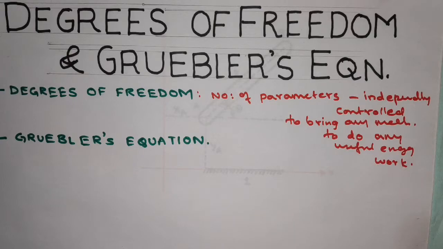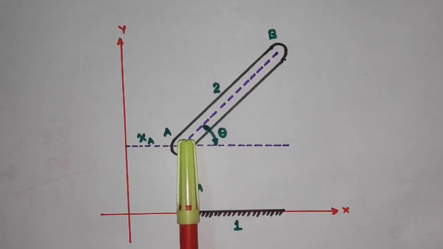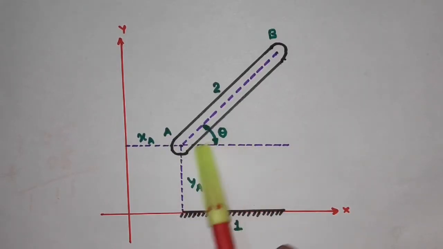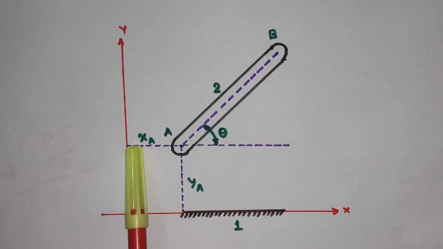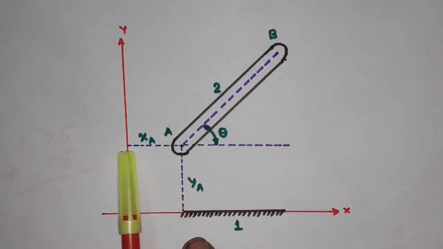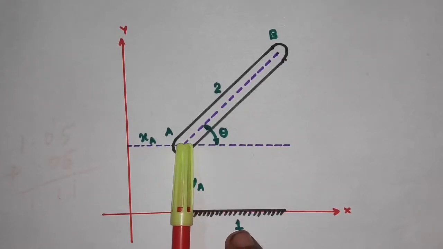So let us consider this with an example. Here we take two links, that is link number 1 and link number 2, as shown in the figure. Link number 1 is fixed and link 2 has a point A over it that translates in a 2D plane by coordinates XA, that is, this point A translates in X direction by XA and YA in Y direction.